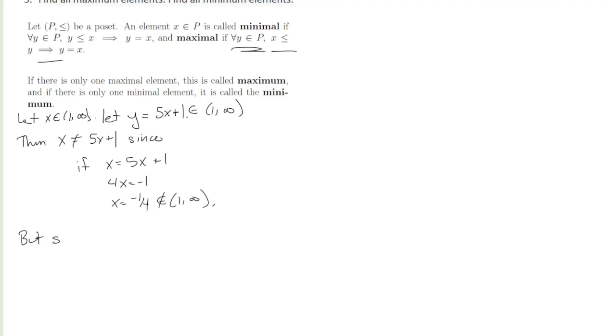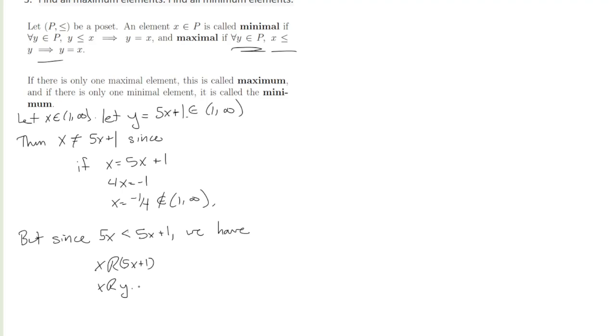since 5x is less than 5x plus 1, we have that x is related to 5x plus 1, or in other words, x is related to y. In other words, no matter what x we started with, I found a y so that x is related to y. x is less than or equal to y. What does that mean?